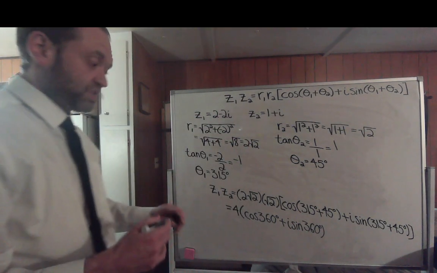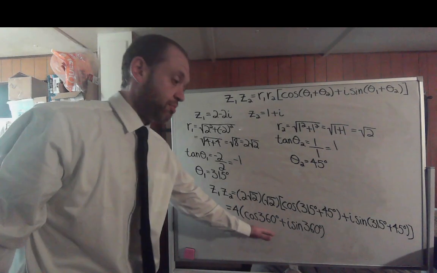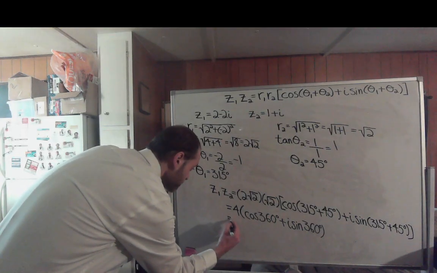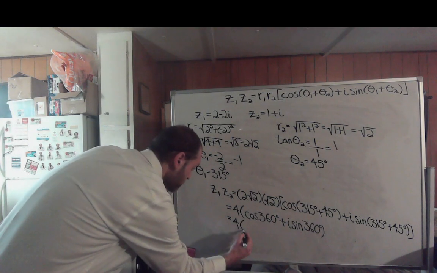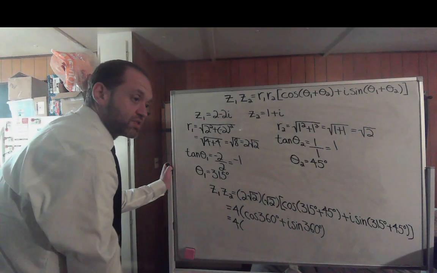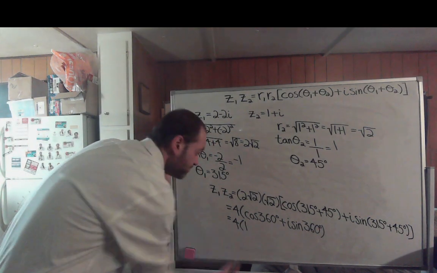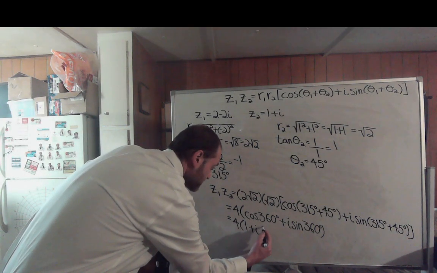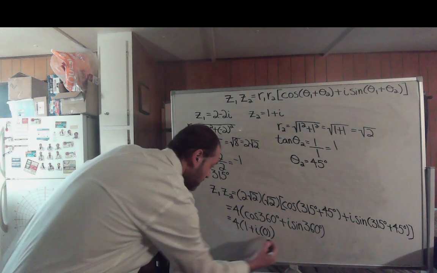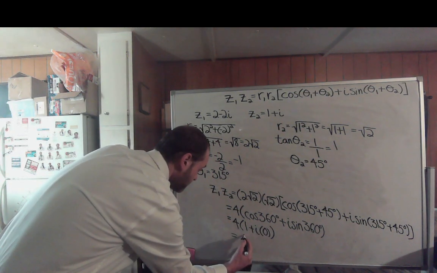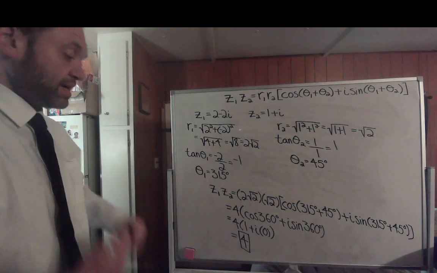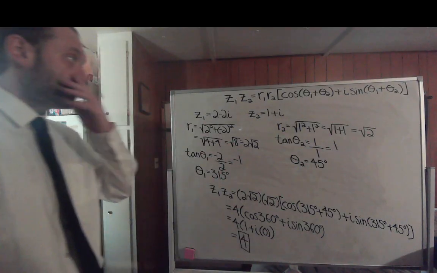Now this is just a matter of converting this from trig form back into standard form. So this would just turn into 4 times, okay, what's the cosine of 360? That's just 1, plus i times the sine of 360, which is 0. So you just simply get 4. So the answer you should get for this would be 4.